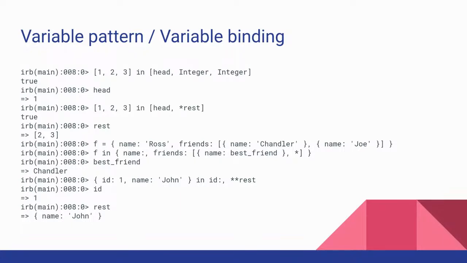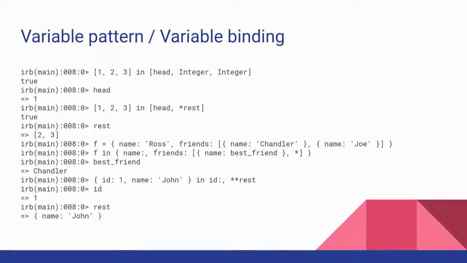Like in our example here, we're extracting the head, and the rest of the items in the array, we're also going to extract into another local variable called rest. That's what we're doing here. And we can also perform more complex operations, like we may have a hash, and in this hash we may have a nested hash, nested arrays.